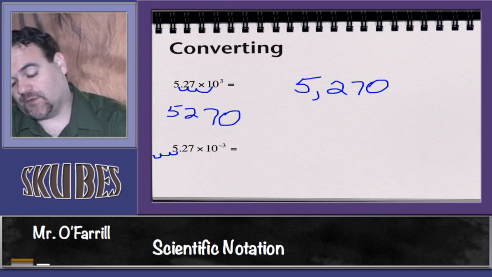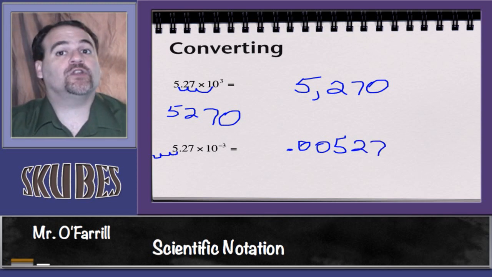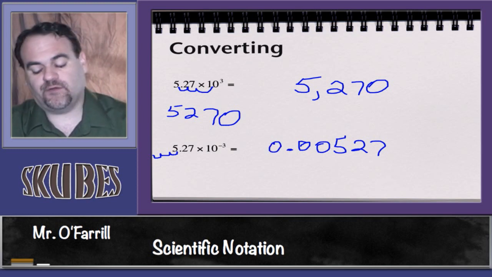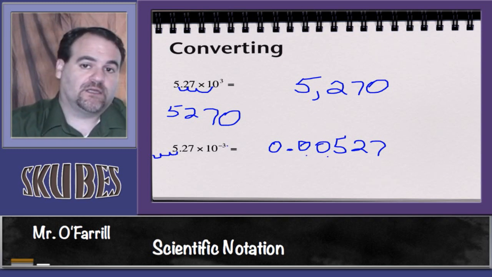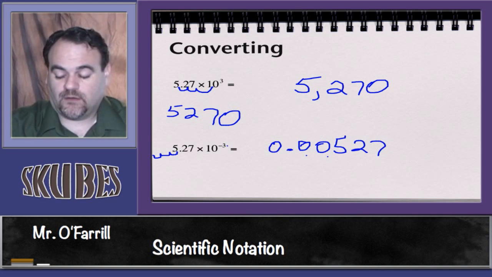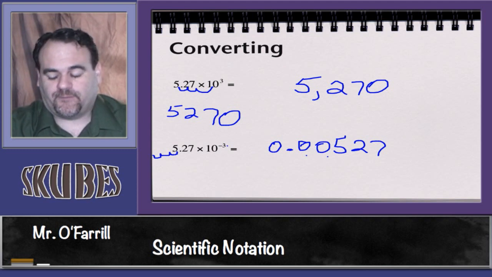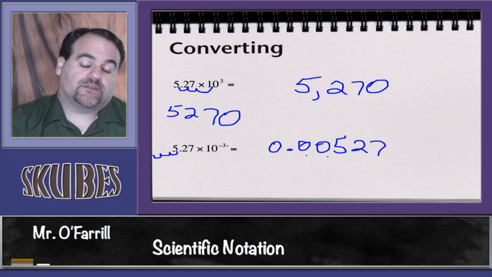So that's going to become 0.00527. But if you go ahead and include the placeholding 0, you'll notice that it's still useful to just notate that there's 3 zeros and it's being raised to the -3rd power. So that's a way you can do it without having to worry about the number of hops. But that is our lesson on what is scientific notation.